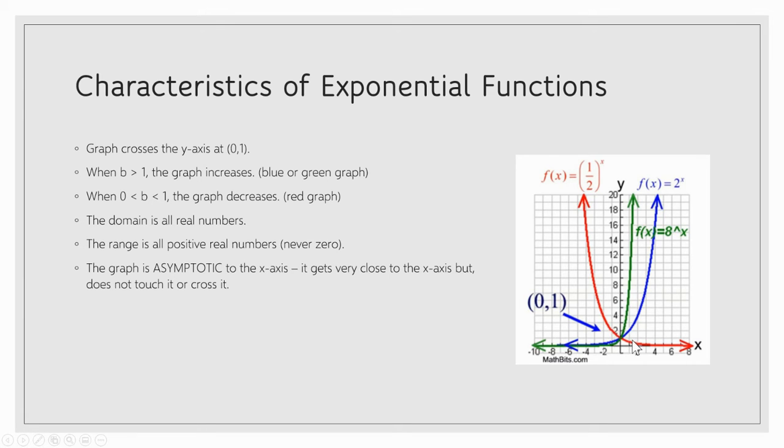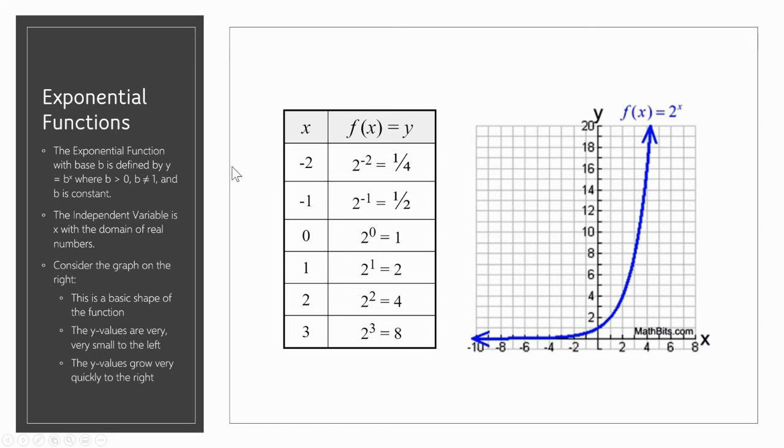Okay, and it's because if you look at the red graph and the green graph and the blue graph, okay, it actually looks like in this graph that they touch the x-axis. No, they get really, really close. And if I go back to this table, okay, these fractions are just going to get smaller and smaller and smaller and smaller.